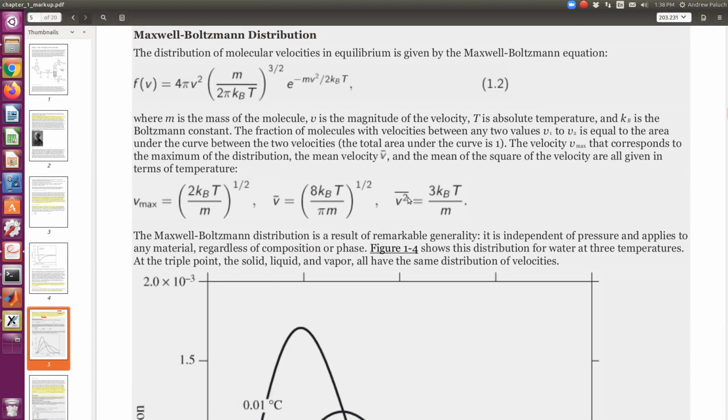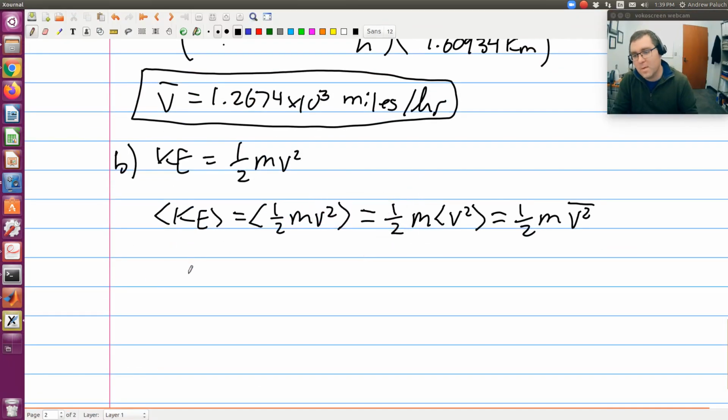Now if I go to my notes, here's my expression for v bar squared. It's important it's v bar squared and not v squared. The equation they give us is v bar squared is equal to 3 kBT over m.